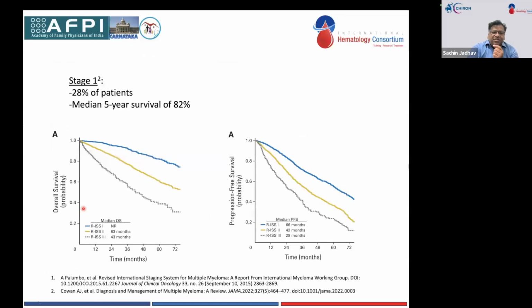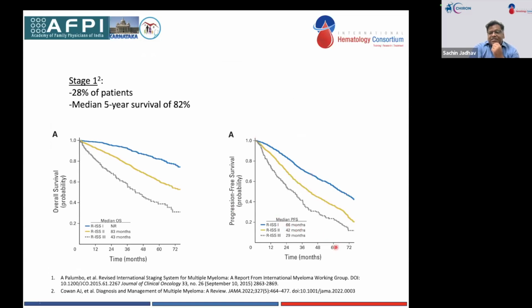Because you see, this is progression free survival. That means 0 is the time when I have diagnosed 100 patients. Okay, blue is RISS stage 1. Median PFS is 66 months.